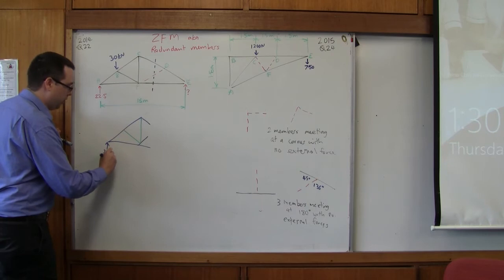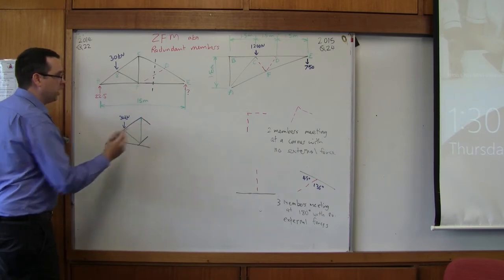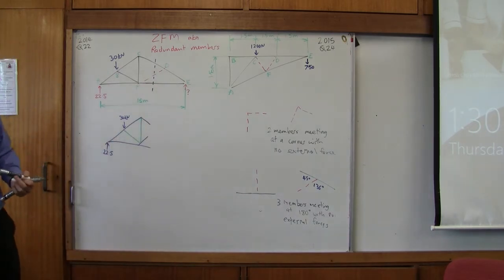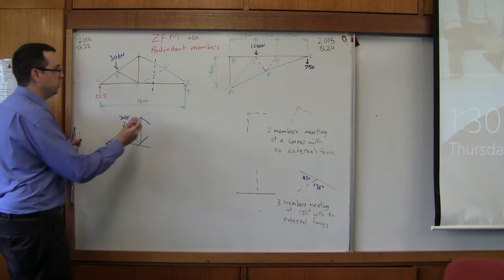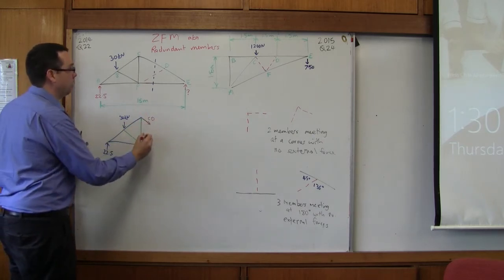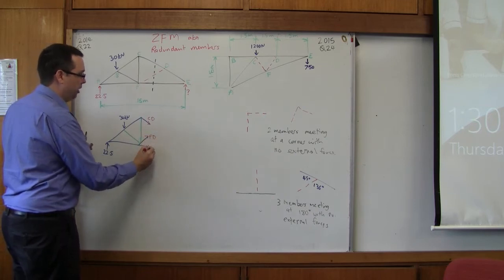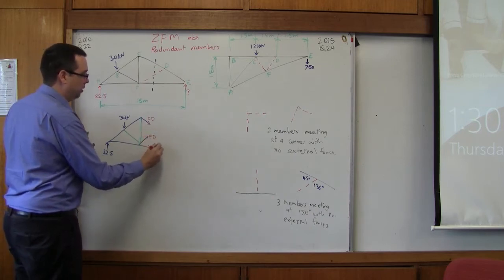Yep, kilonewtons. And we've got 30 kilonewtons going down. Now we're going to make assumptions. We're going to assume CD is in tension, and we're going to assume FD is in tension, and we're going to assume FE is in tension. Okay.